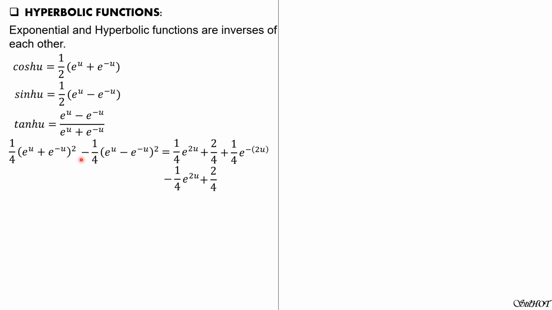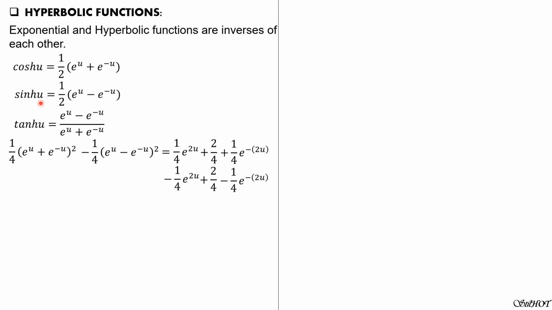And the last term is negative 1/4 e to the negative 2u, because we're going to square this, so the sign becomes positive, but the exponent is e to the negative u times 2, so we have minus 1/4 e to the negative 2u. So take note that we can cancel the first and last terms. 2 over 4 plus 2 over 4 is 4 over 4, which is 1. Therefore, the square of cosine hyperbolic of u minus the square of sine hyperbolic of u equals 1.